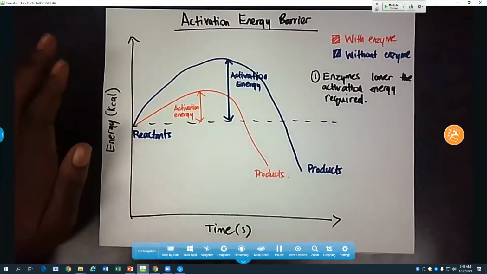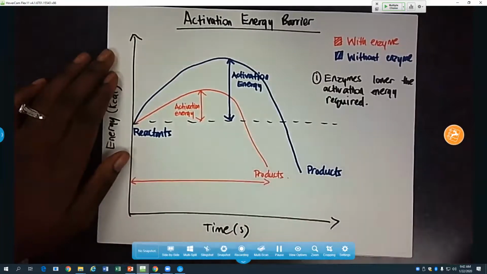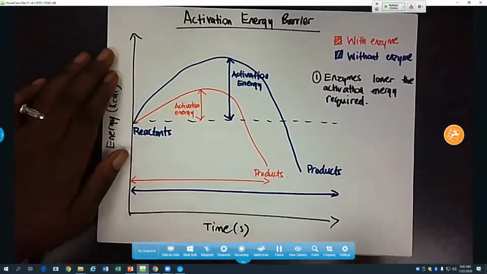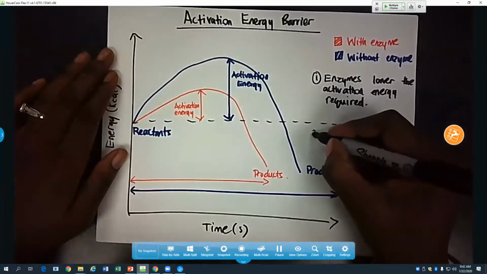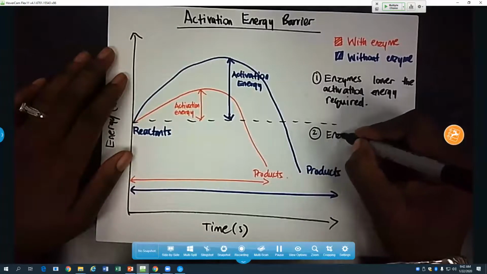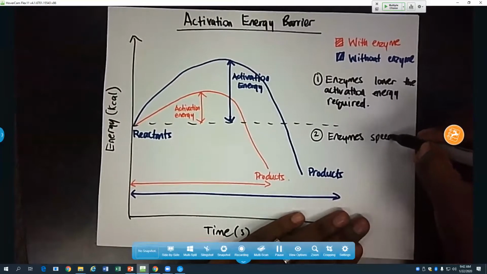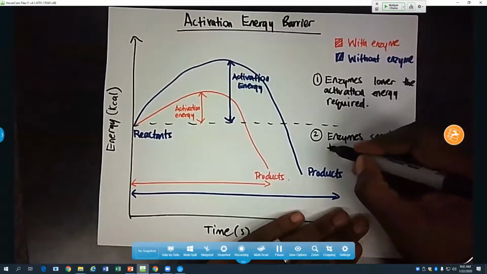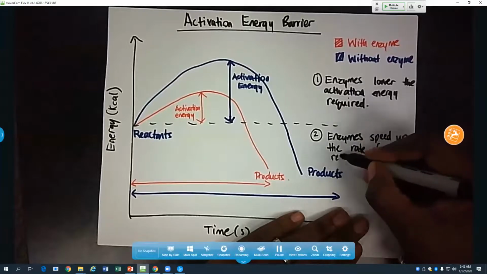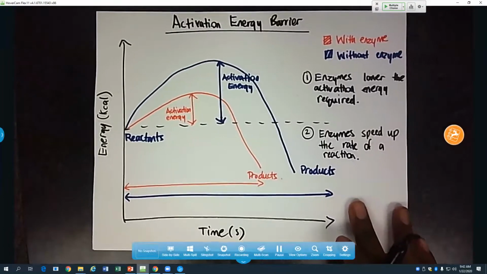The second thing that we can see is that the reaction proceeds much faster with the enzyme than it does without the enzyme. Okay, and that's the second thing an enzyme does, is it speeds up the rate of the reaction.